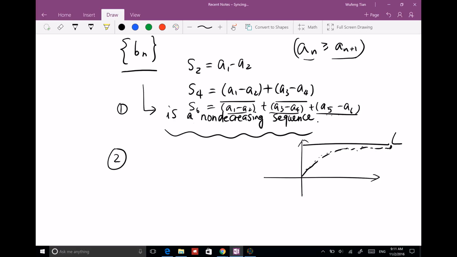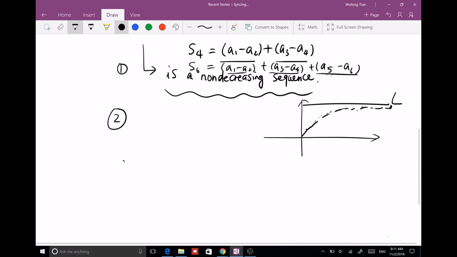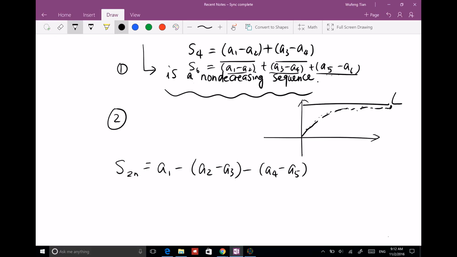Is this sequence bounded or not? And we did yesterday, we also proved that S_2n equals a_1 minus a_2 plus a_3 minus a_4 plus a_5 minus a_6. You know that, right? Continue.